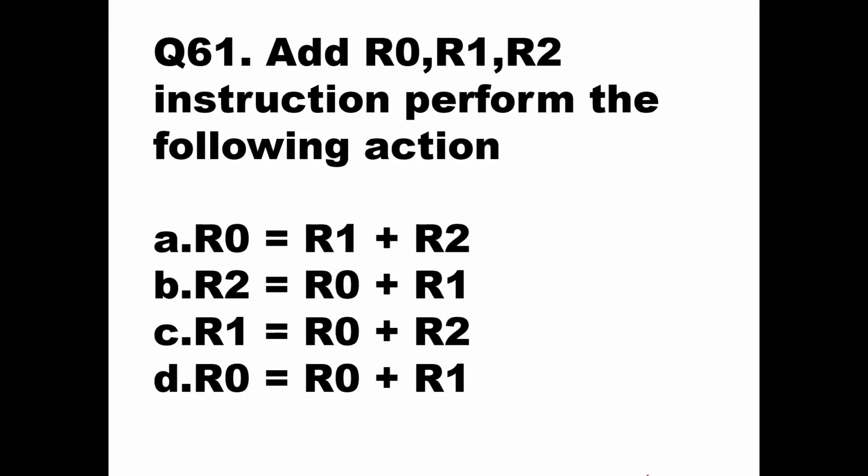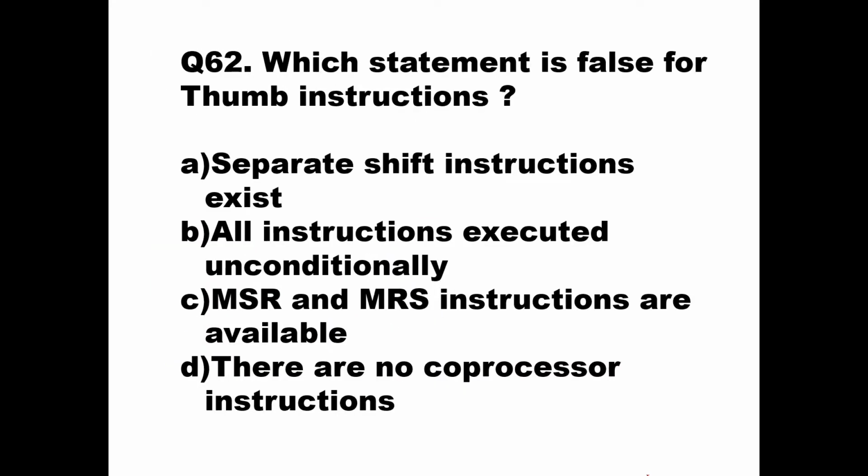Here in this instruction, that is ADD R0, R1, R2, the contents of R1 will be added with the contents of R2, and the result will be stored in R0. So according to that theory, option A will be the right answer, that is R0 is equal to R1 plus R2. Then we'll go to the next question.